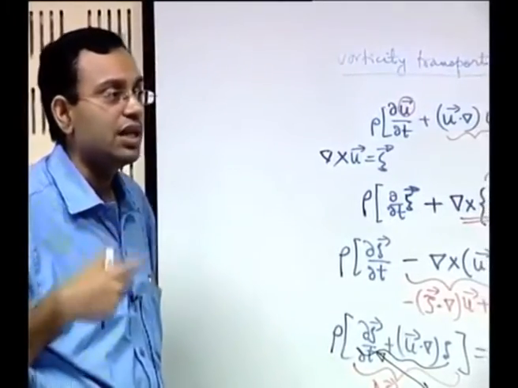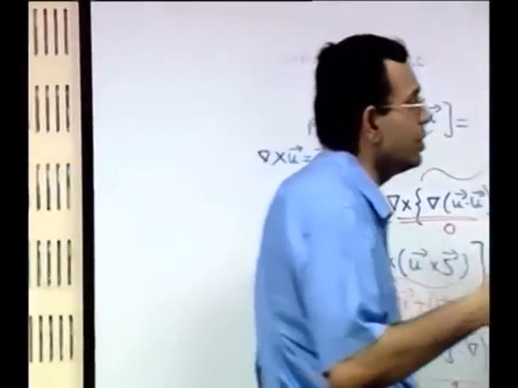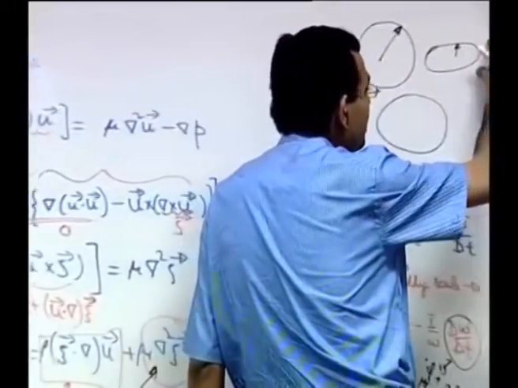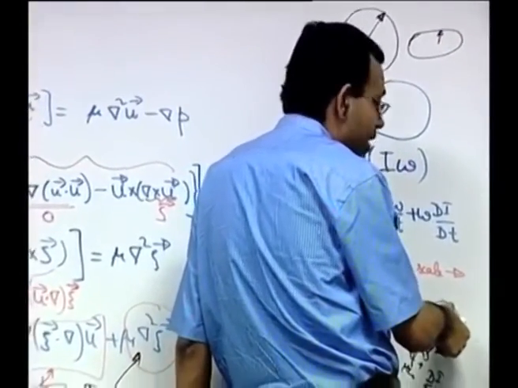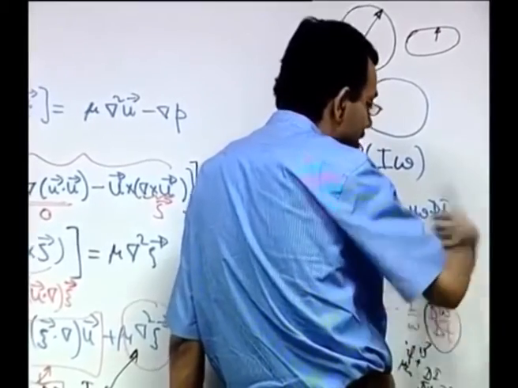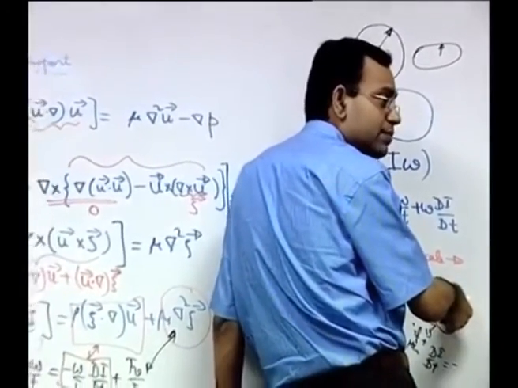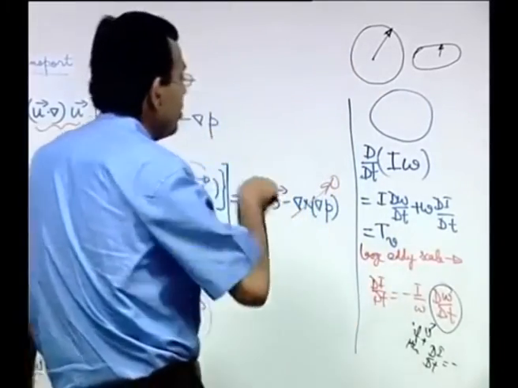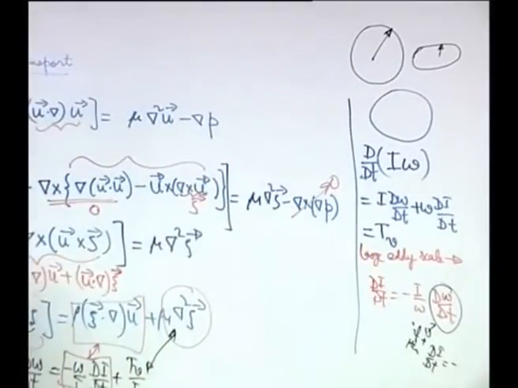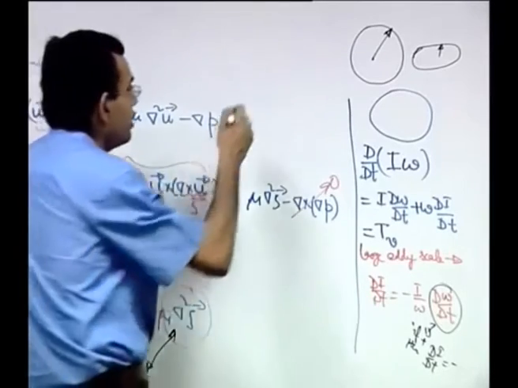Because of stretching of vortex elements, you have the di dt negative, and that will make d omega dt positive, or if you think of it the other way, if d omega dt is positive, then di dt is negative.